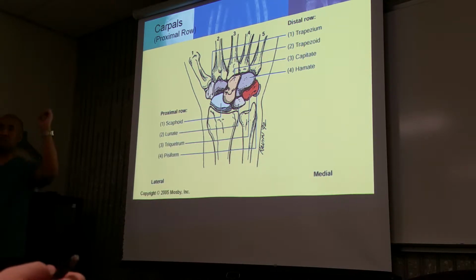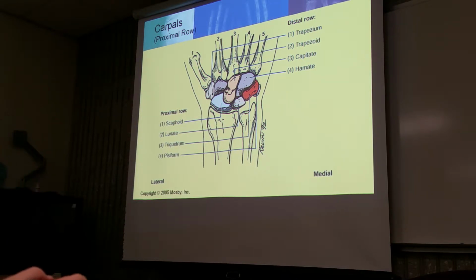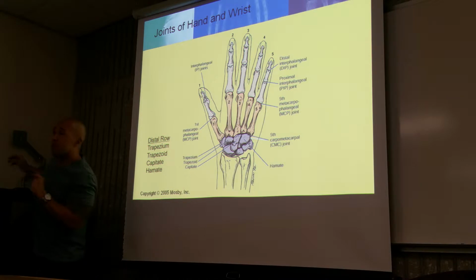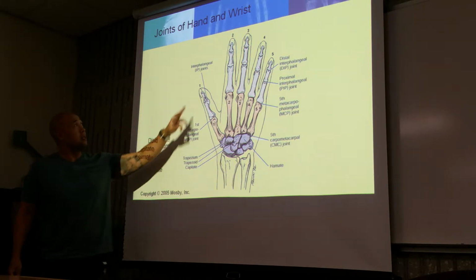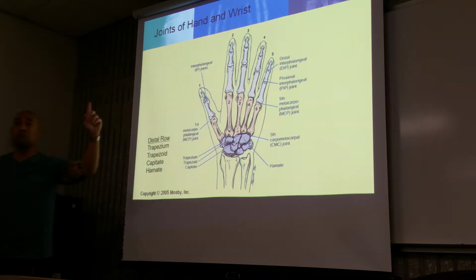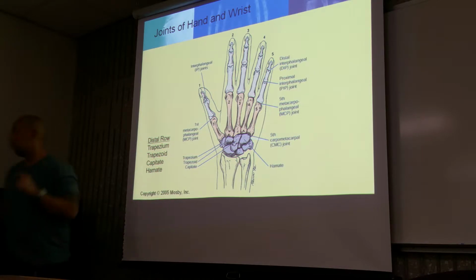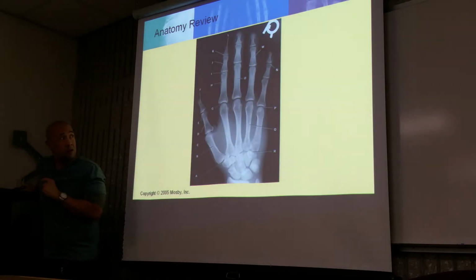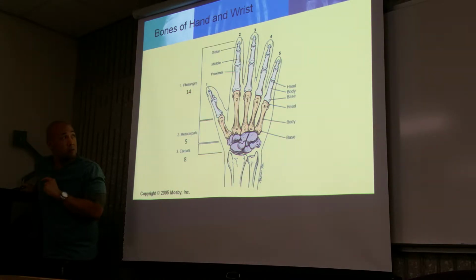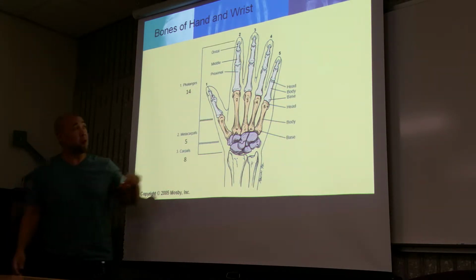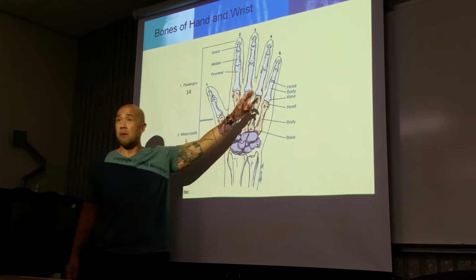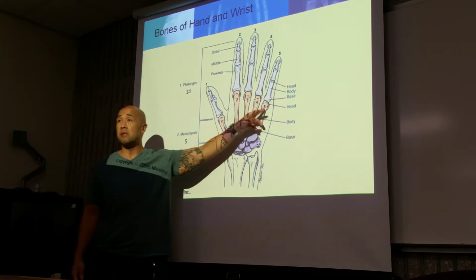The fingers and the palm of your hands are pretty simple. Let me go back here just a moment. Okay, we talked about the fingers having the distal part. The most distal part is the head, then the shaft is the body, and then the most proximal is going to be the base.